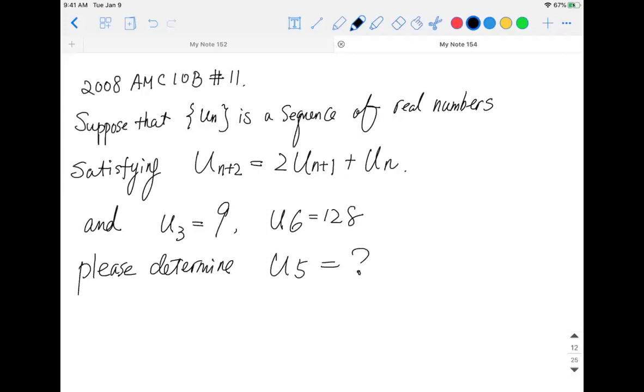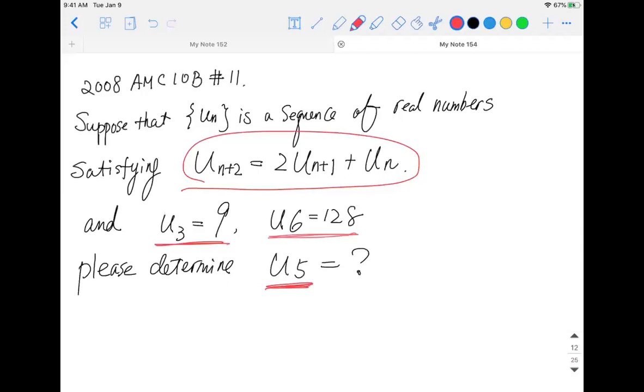For now, I'll give you guys maybe 30 seconds to think about it. We already introduced this strategy several times, right? Your $1 million question is to try to play with your recurrence formula and construct U5. Of course, you're going to use U3 and U6 to help you out.